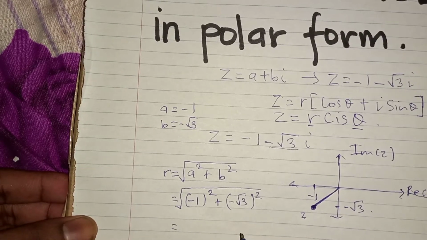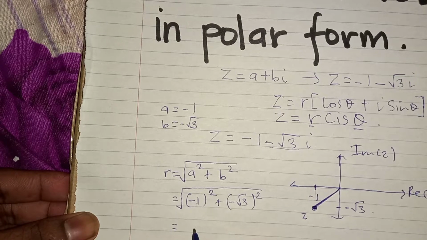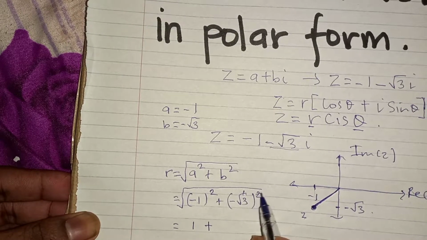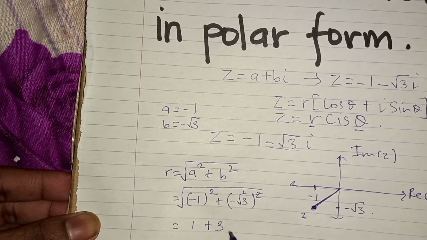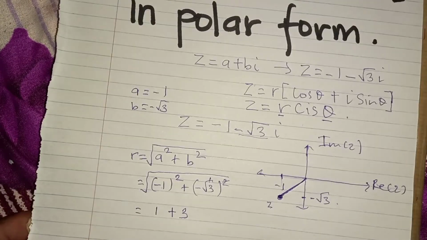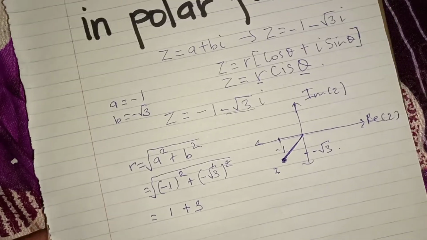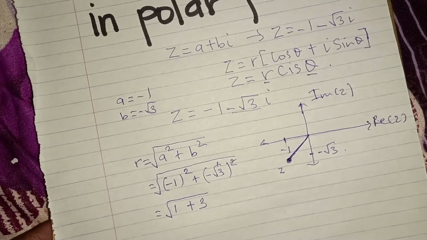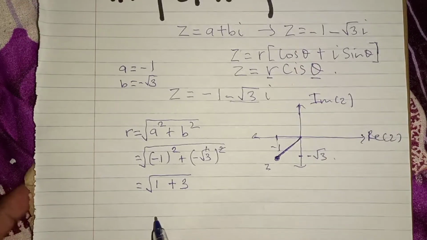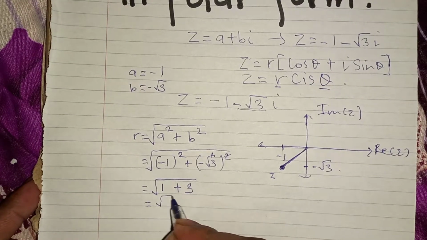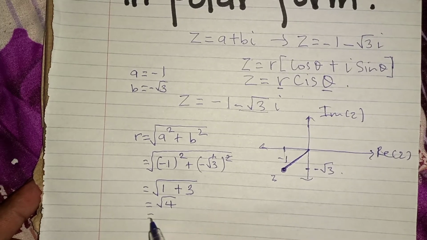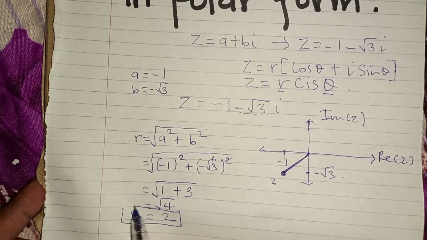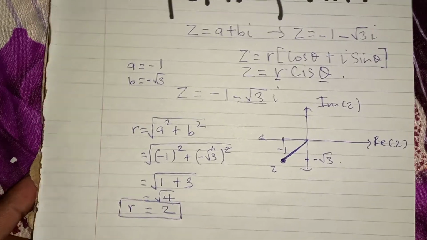Now if we evaluate this, negative 1 squared is 1, and negative root 3 squared is positive 3. Now we have to take the square root. This will be root of 4, and root of 4 is 2. So our value of r is equal to 2.